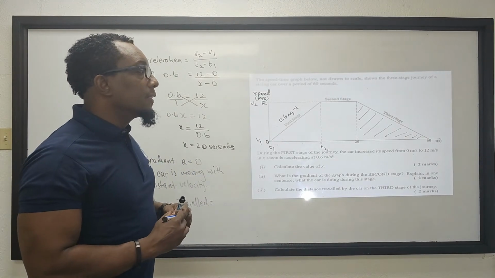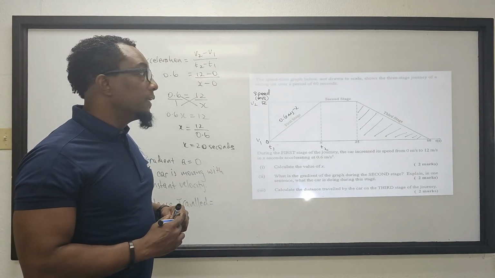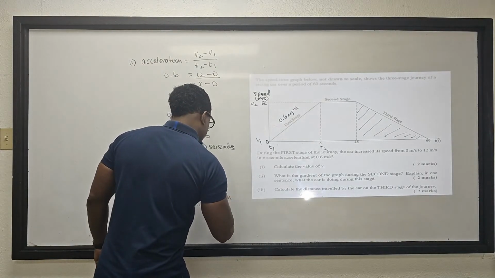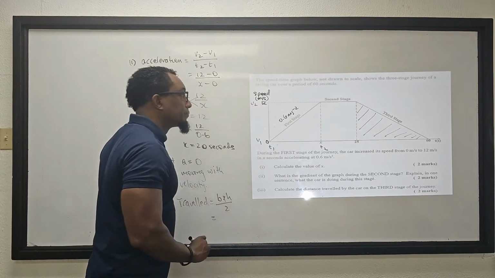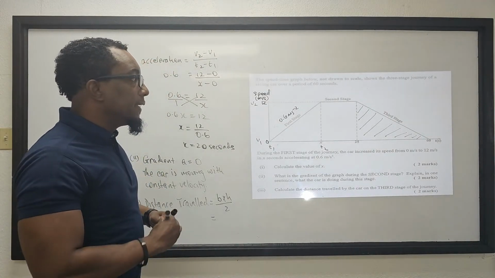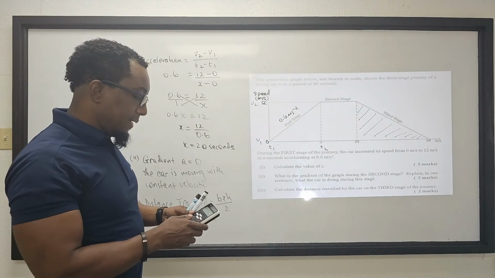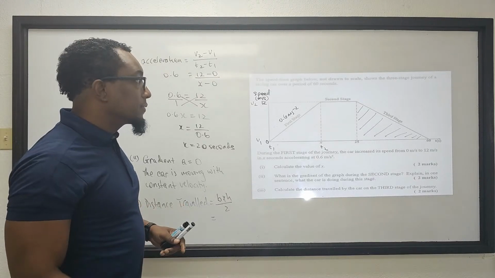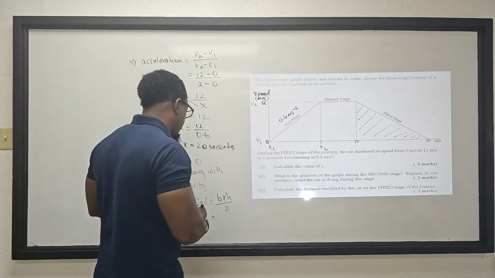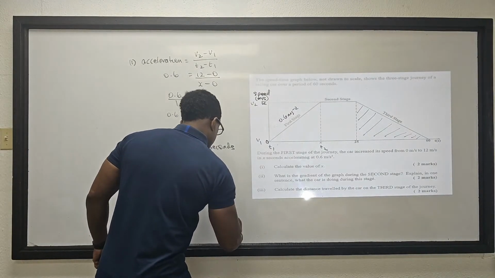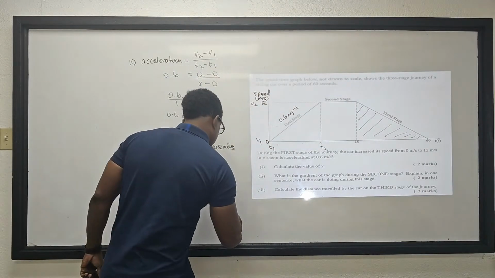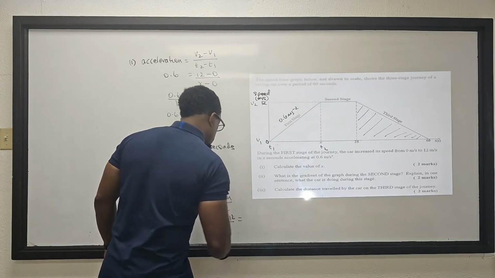will be the area under that triangle, and we know the area of the triangle is base times height all over 2. The base will be 60 minus 25, which is 35. The height will be 12, divided by 2.